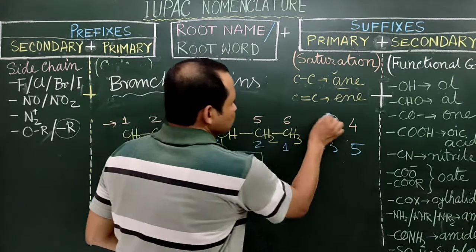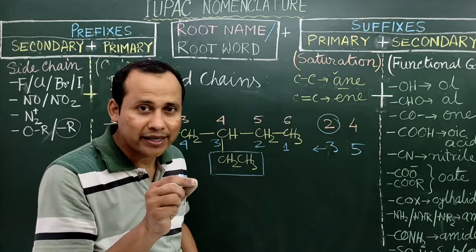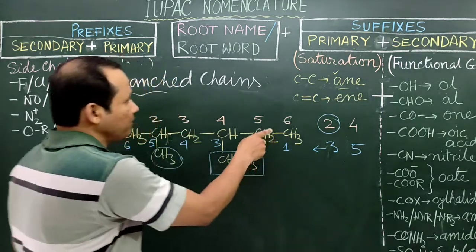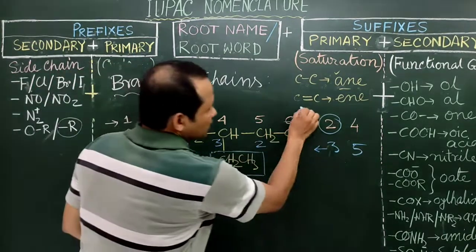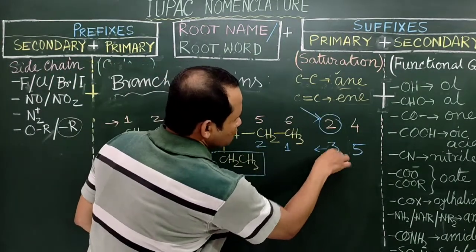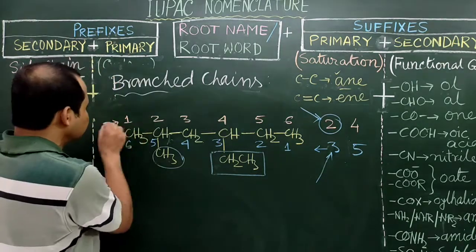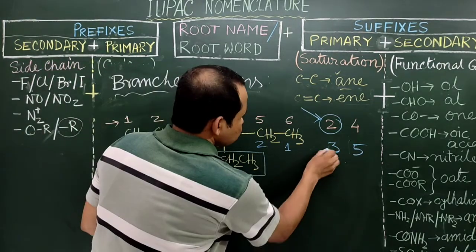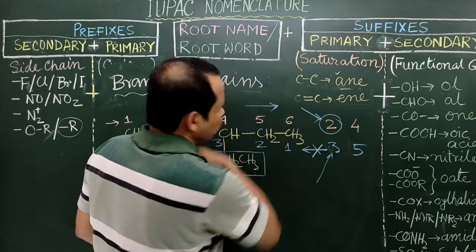Now since this is lower, we have to give the numbering to the carbon atoms from the left side, because this is lower compared to this. So the right way of giving the numbers is this one, and so this is wrong, this is correct.